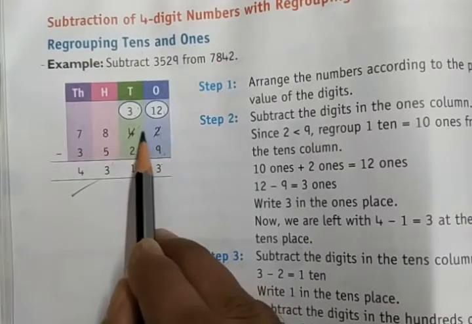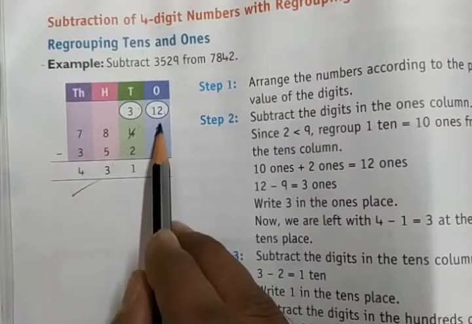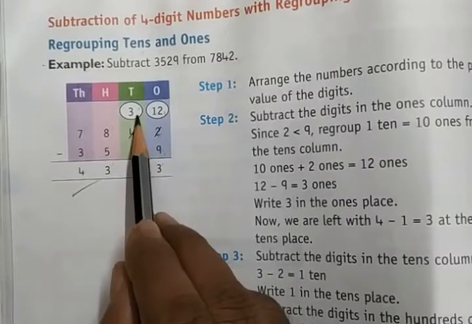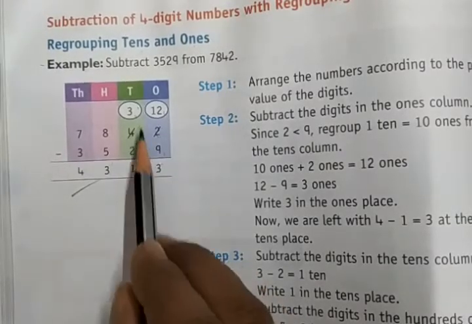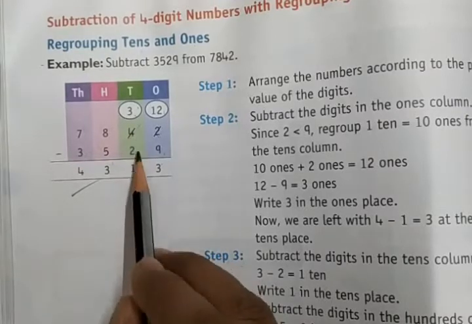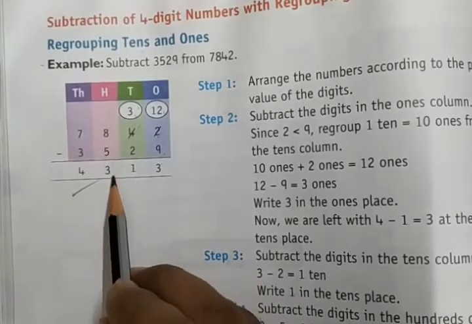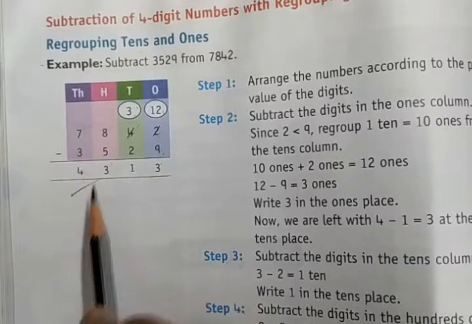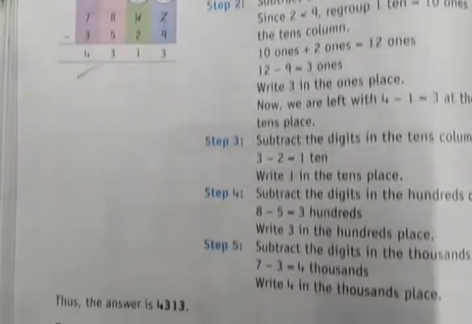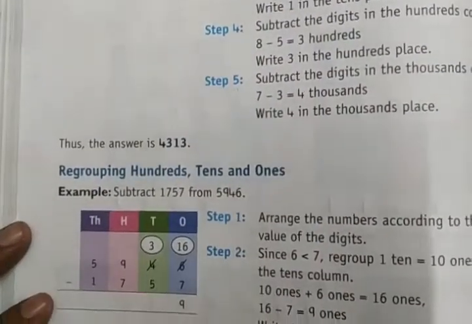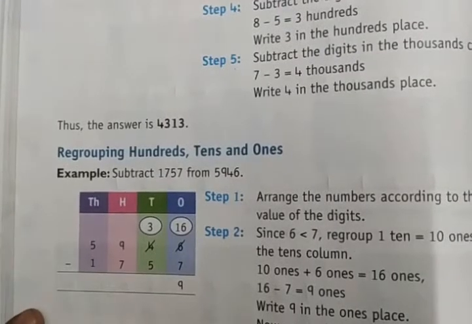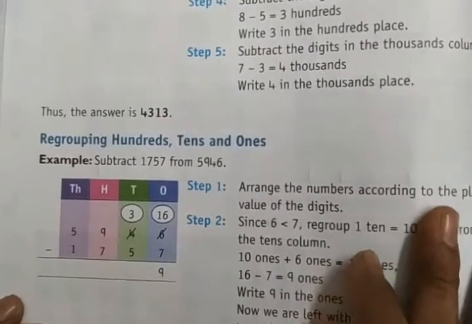So for that we have to borrow. 2 will become 12, 4 will become 3. 12 minus 9 is 3, 3 minus 2 is 1, 8 minus 5 is 3, 7 minus 3 is 4. So this is how we have to do the subtraction of a 4-digit number, regrouping tens and ones.